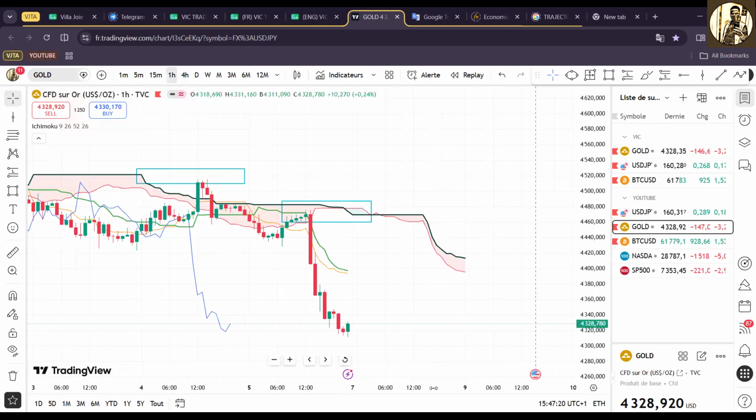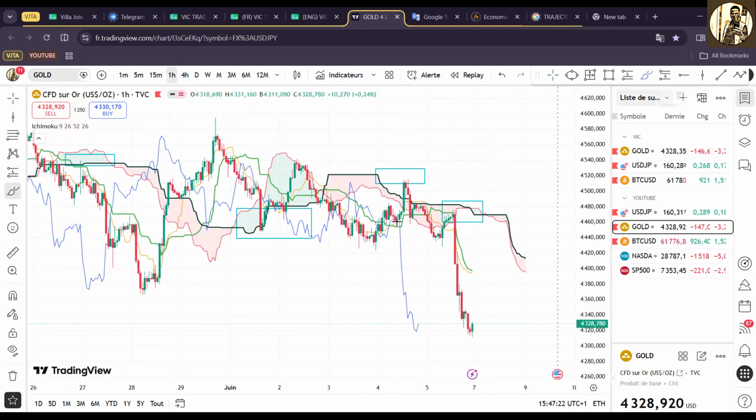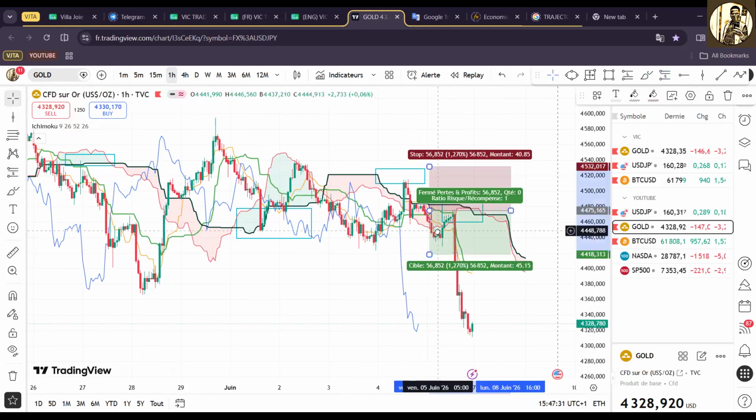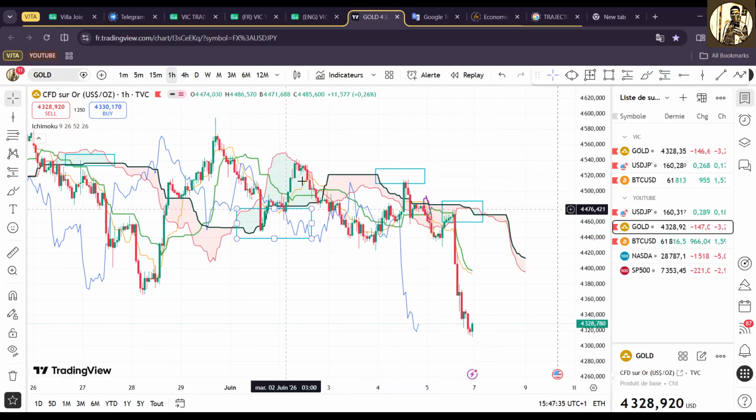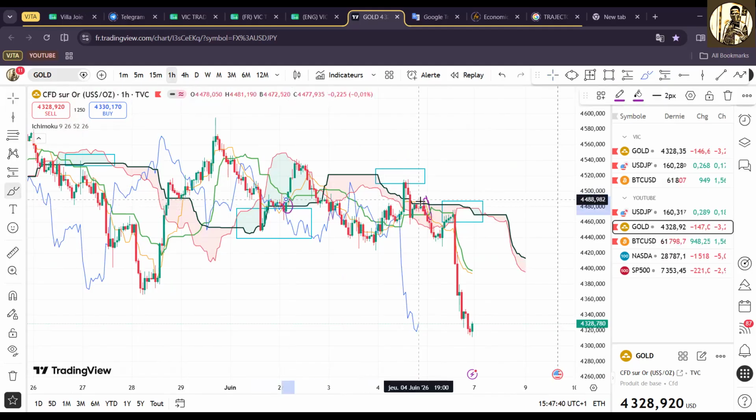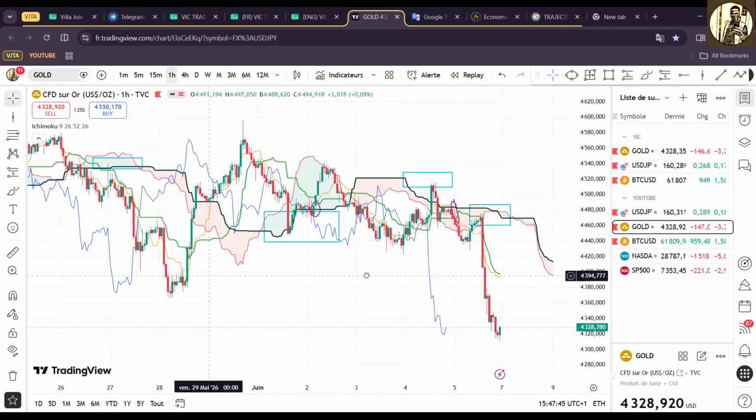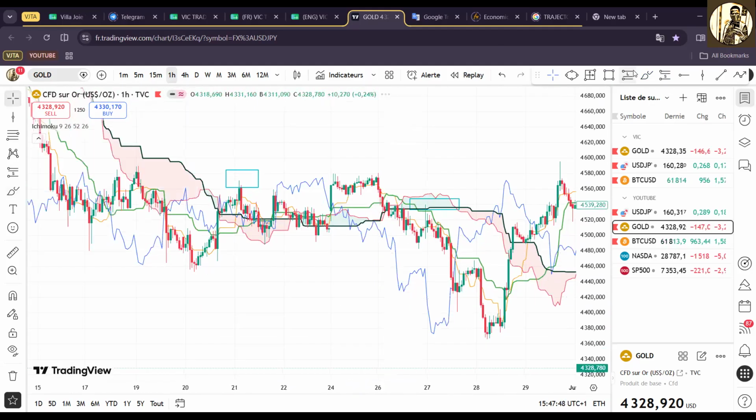So on H1, you must see Tenkan bending down like this to start selling, right? So you will be selling from this point, from this candle at that level on H1. Even here, you must see Kijun going up, Tenkan bending up for this Kijun one. On this other one also, Tenkan bending down on H1.